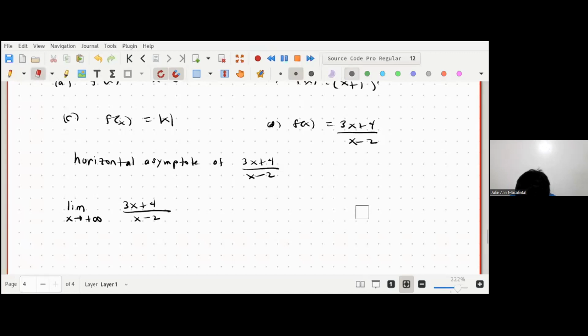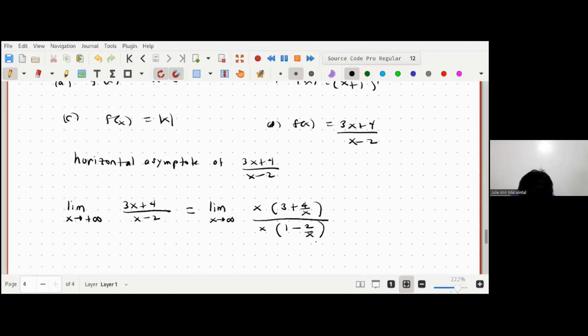So you have to rearrange this para obvious kung ano yung behavior as x approaches infinity. So the way to do that is divide out, so factor out x. So magkakaroon tayo ng 3 plus 4 over x. Sa denominator, magkakaroon tayo ng x tapos 1 minus 2 over x.